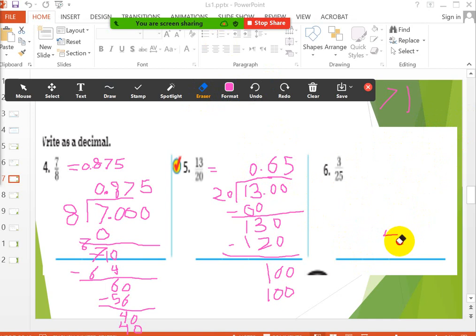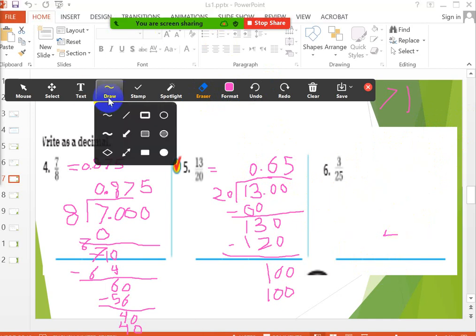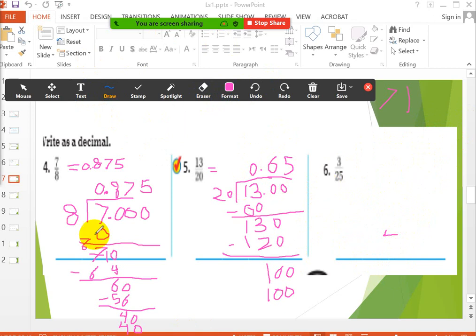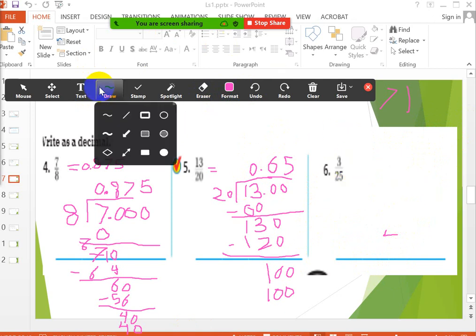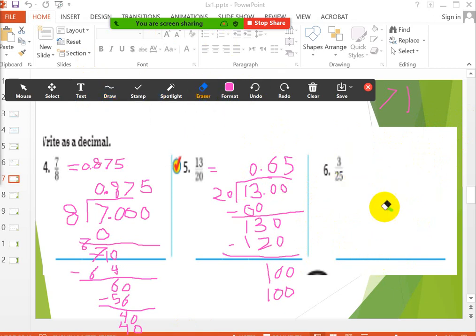Let's find number 6. Now, I want to divide 3 on 25. Let's divide. So I will take the 3, draw the divider, and write 25.